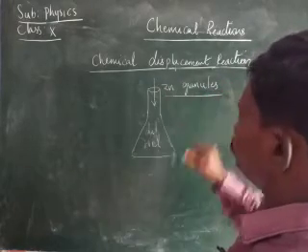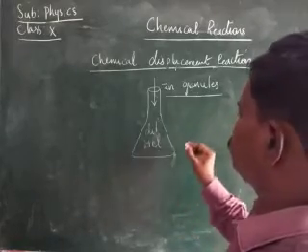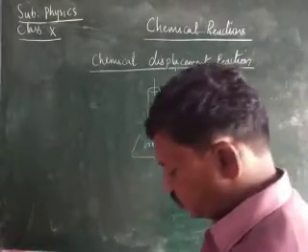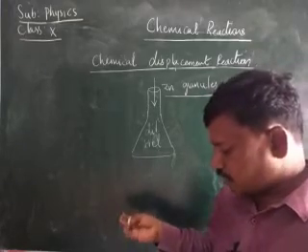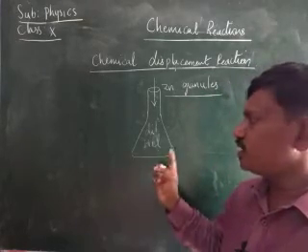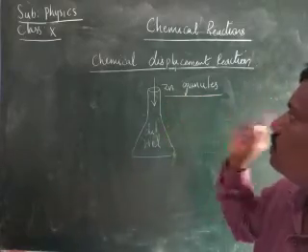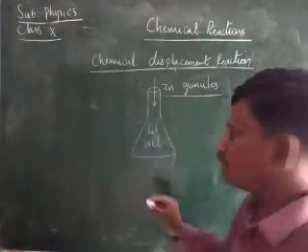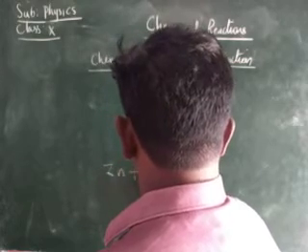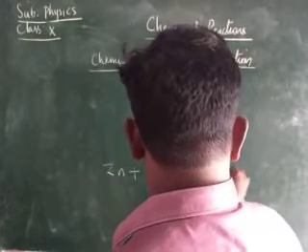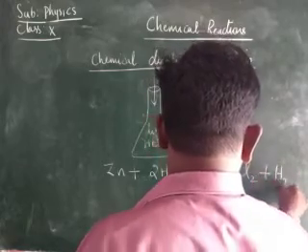Therefore, here what happens? Hydrogen gas is evolved, children. Formation of hydrogen gas by the action of dilute HCl with the zinc granules is called the chemical displacement reaction. That is, zinc when reacting with HCl gives rise to ZnCl2 plus H2.